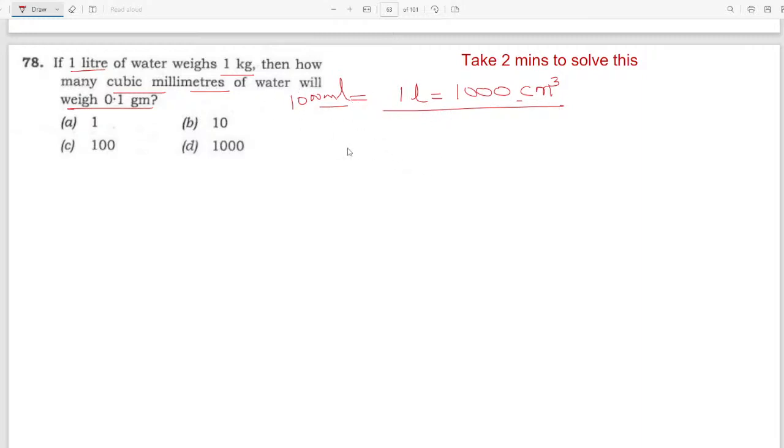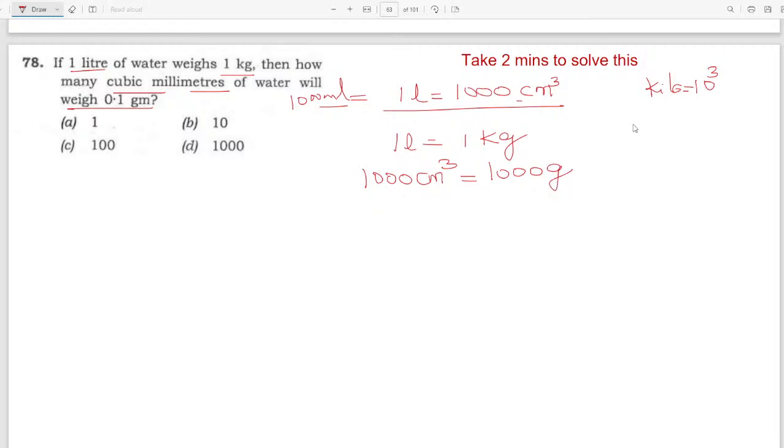So 1 liter is equal to 1 kg, and kilo is 10 raised to 3. So 1 liter, 1000 centimeter cube, is equal to 1000 grams, since 1 kilo is 1000 grams.